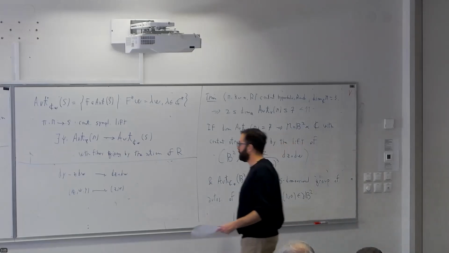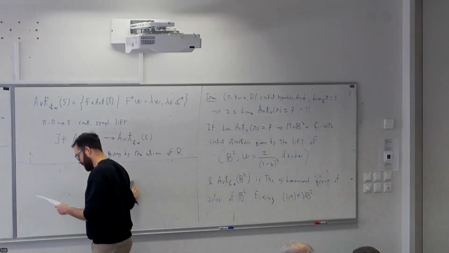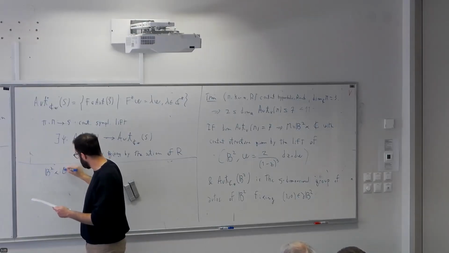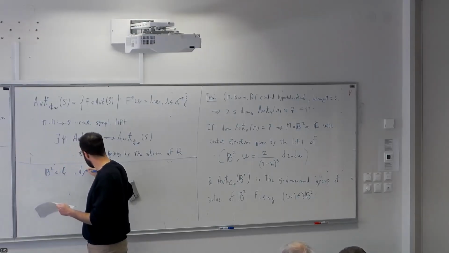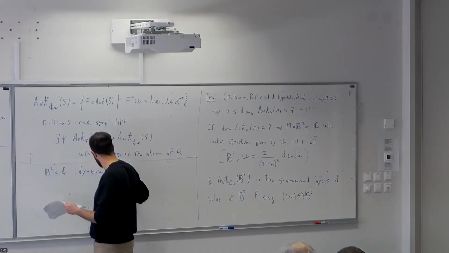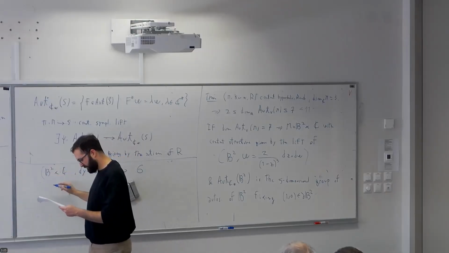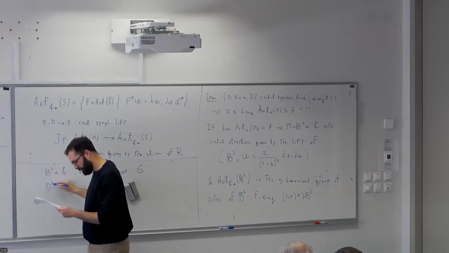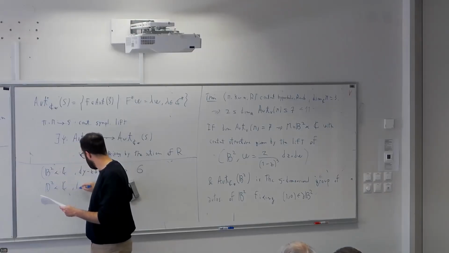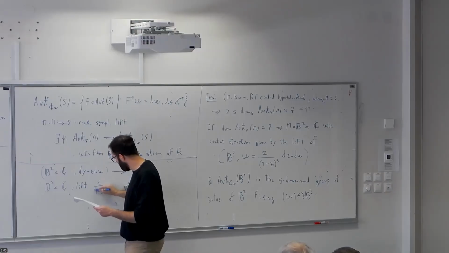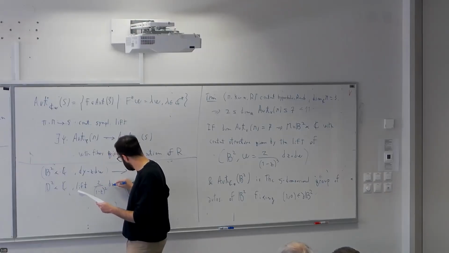And maybe just to complete, we do have other examples. We have B2 times C with the standard form, dy minus z dw, which is dimension 6. Then you have D2 times C, and you lift 2 over 1 minus z squared, dz wedge dw.